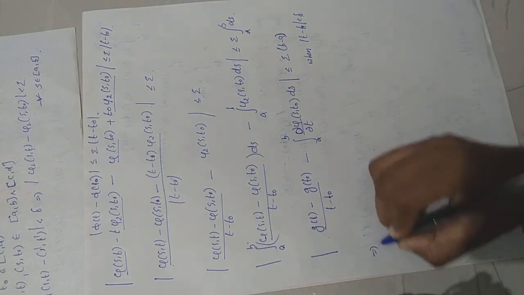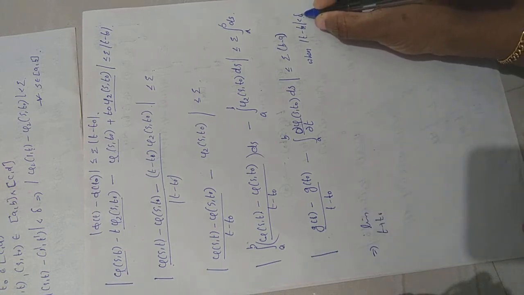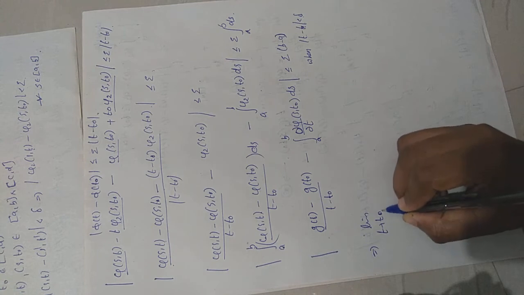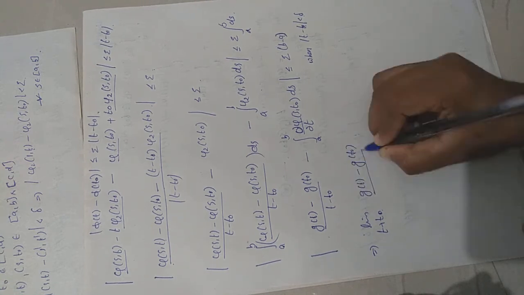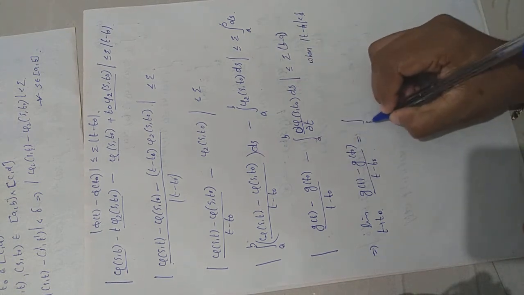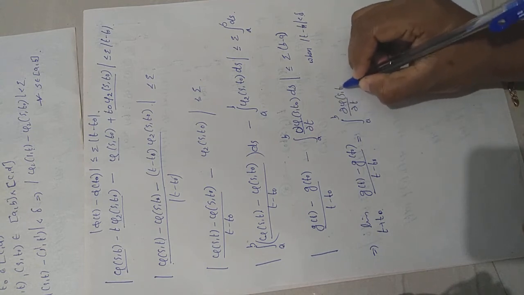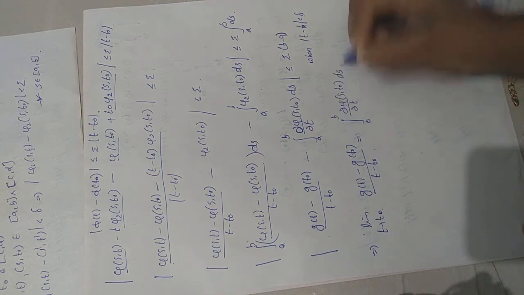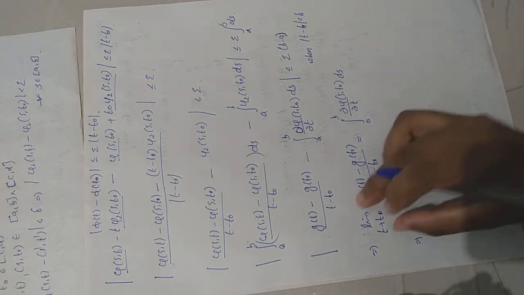Which means that as t tends to t naught, whenever modulus of t minus t naught is less than delta, that means in the limit t tends to t naught, the function g of t minus g of t naught divided by t minus t naught tends to this value. What is this value? Integral a to b dou psi divided by dou t at the point (s,t naught) ds. So this limit exists.